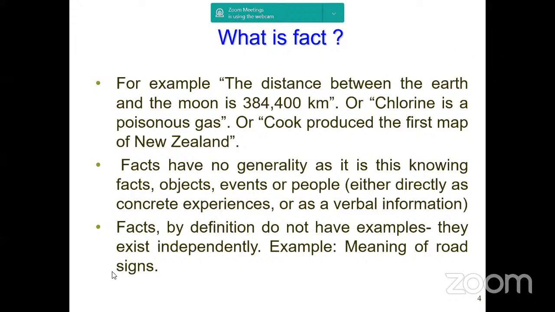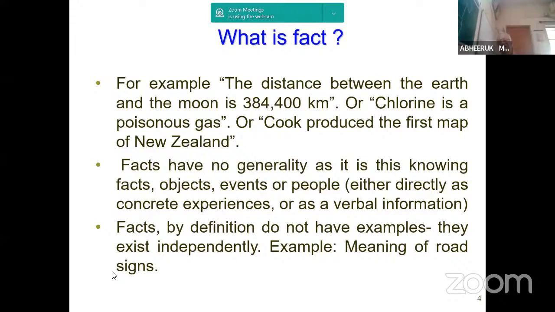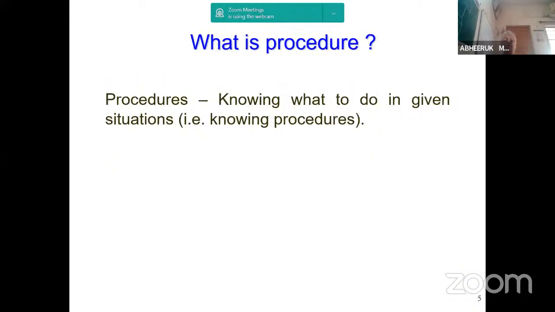The meaning of road signs, simple, this is a fact. So this way, I think the fact is clear. A fact is a proposition. It cannot be generalized. You have to learn it as it is. Nothing to understand about this. Okay. Next, we are going to procedure.